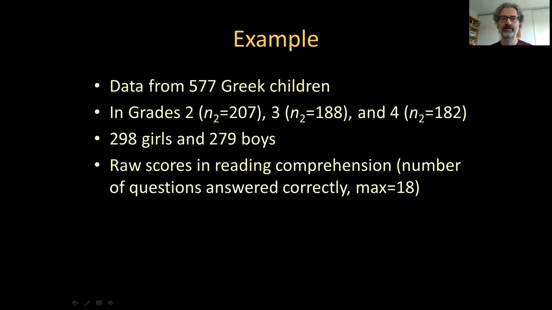Or stated differently, are reading comprehension scores different for kids in grades 2, 3, and 4 on average? Obviously, we expect there to be great differences between grades. We expect this independent variable to be related to the dependent variable, but we don't really have much expectation for the sex variable.